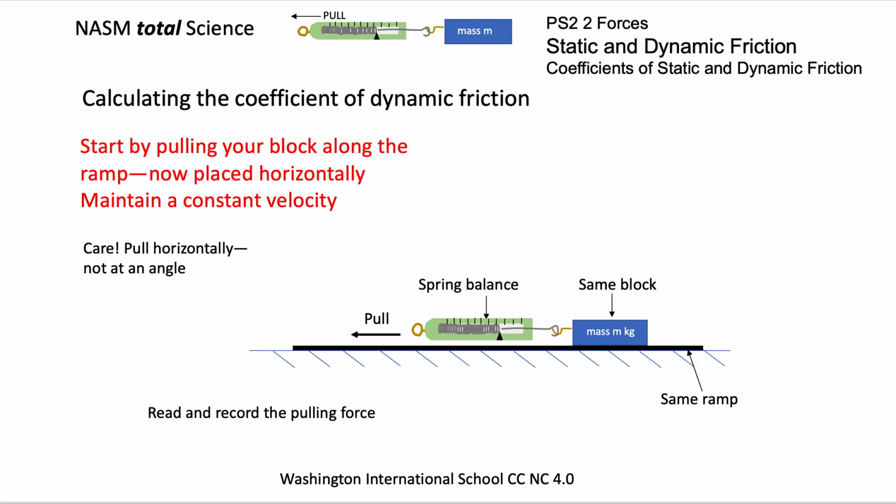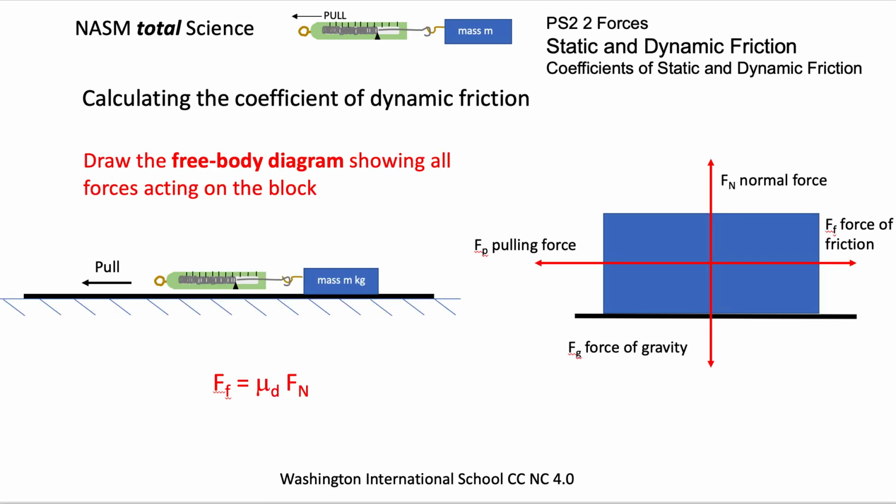So we're pulling the block, but make sure you do it horizontally and maintain a constant velocity. Then we can draw the free body diagram of the block with the pulling force coming out to the left, and then the force of friction.